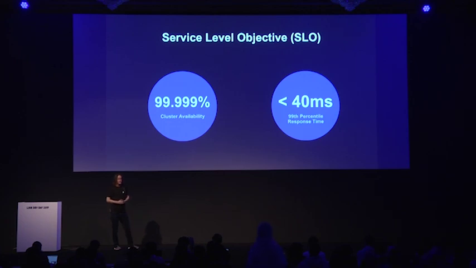The availability of cluster is 5 nines, 99.999%. It means cumulative downtime for a year should be less than 5 minutes. Also, API response time is set as strict as 99 percentile or less than 40 milliseconds.